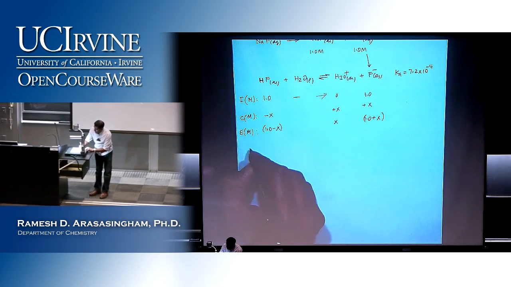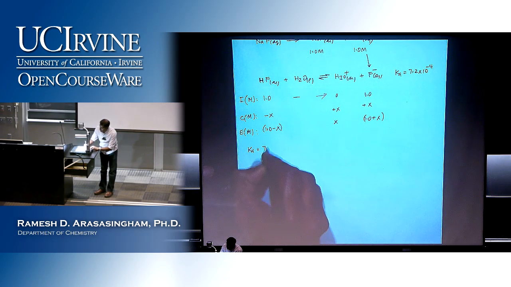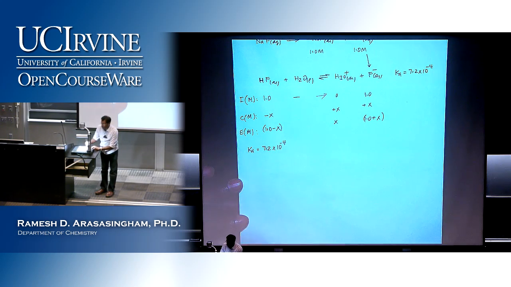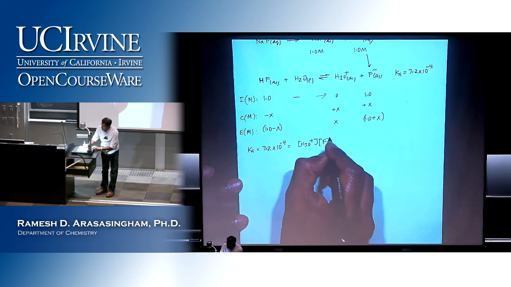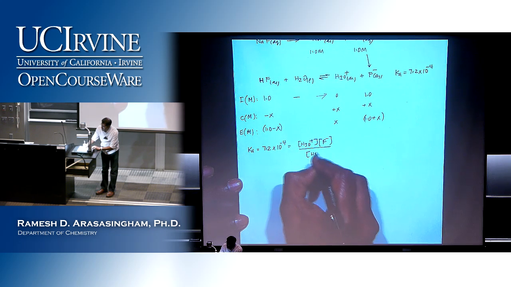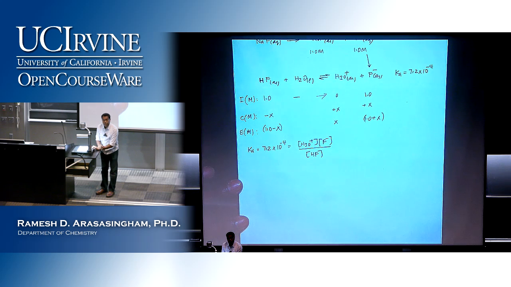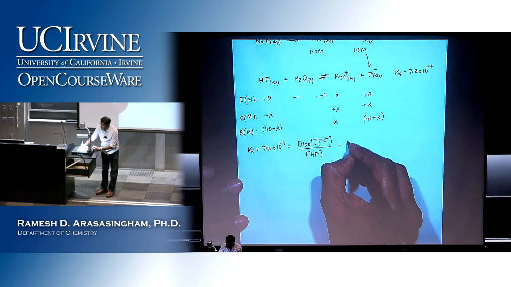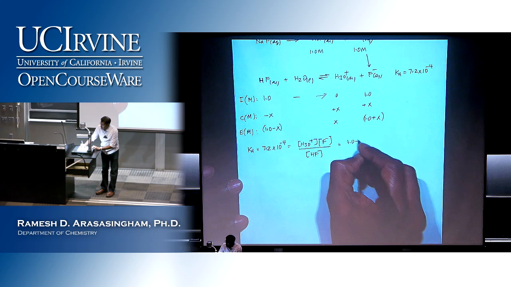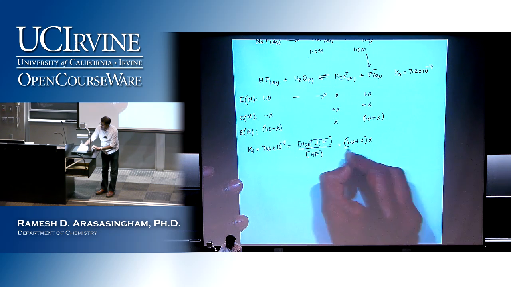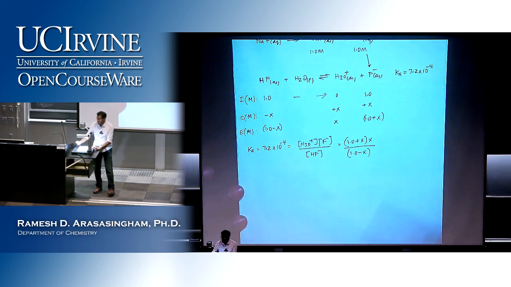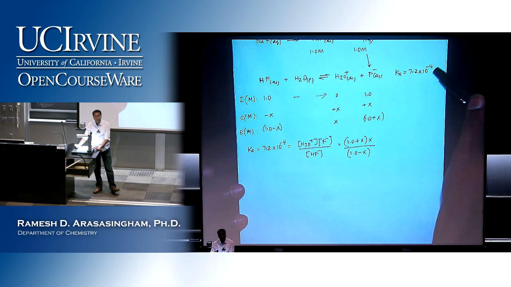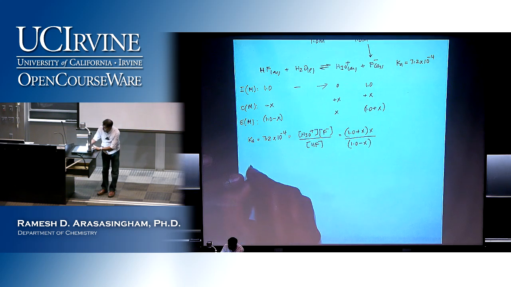We can say Ka equals 7.2 times 10 to the negative 4 equals the hydronium ion concentration times the fluoride ion concentration divided by HF. And that gives me 1 plus x times x divided by 1 minus x. Now once again, if you look at Ka, it's 10 to the negative 4, so it's a small number, so it's safe to make an approximation.